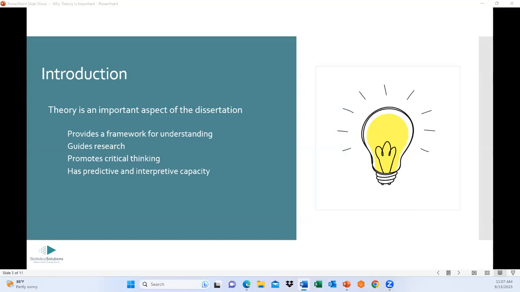So if you find, for example, that two constructs are related, like transformational leadership and motivation, the analysis of the data tells you that they're connected, but it doesn't tell you why or how, or anything about that connection. That's where theory is going to come in and help you. What does the theory say about motivation? What does it say about transformational leadership? Then you can start to think about what that connection means. So those are generally some of the things that theory can do, and we're going to talk about a little bit more.